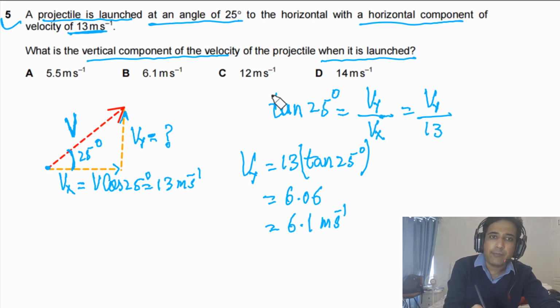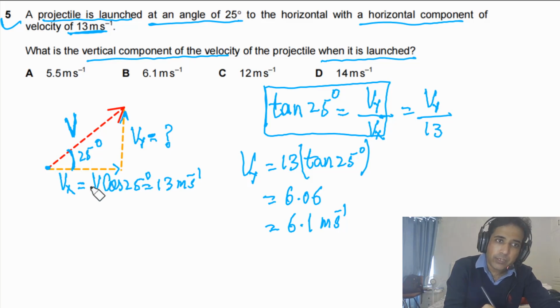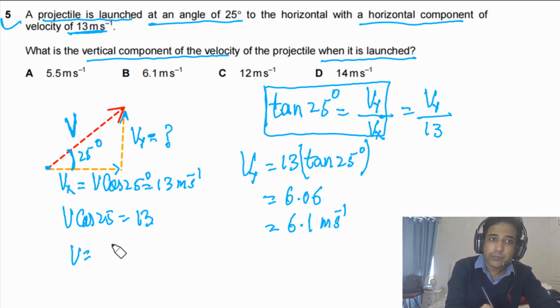So simply you have to use tangent of 25 degrees is equal to this one, and you can find the value of vy. This is a smart way, but also you can figure out the value of v from here. Then you can also find the value of vy. For example, if you have vx, you can say v cosine of 25 degrees is equal to 13, so you can find the value of v, that will be equal to 13 divided by cosine of 25.